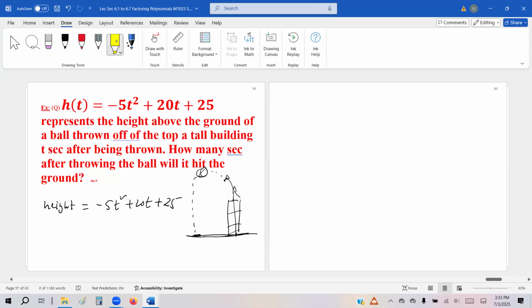That's the most important thing to figure out. When the ball hits the ground, what's the height? And since the problem is so smart, it gave us the answer. The answer is 0. So we have 0 equals negative 5t squared plus 20t plus 25.